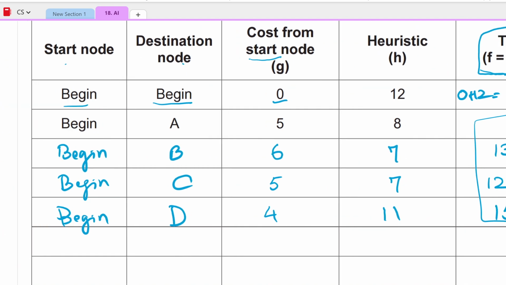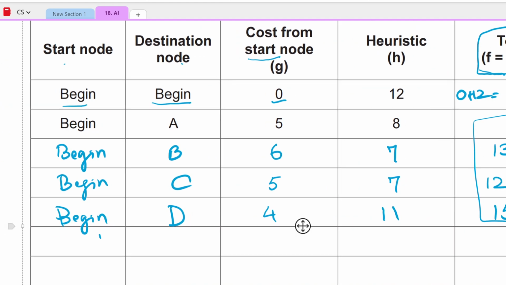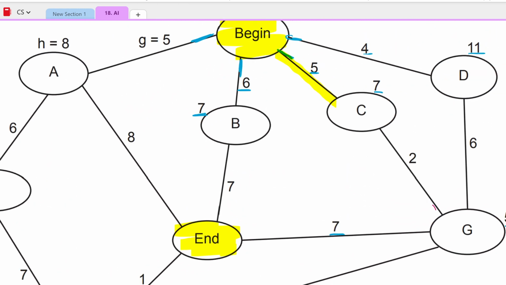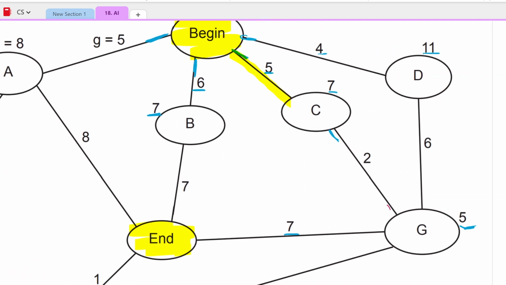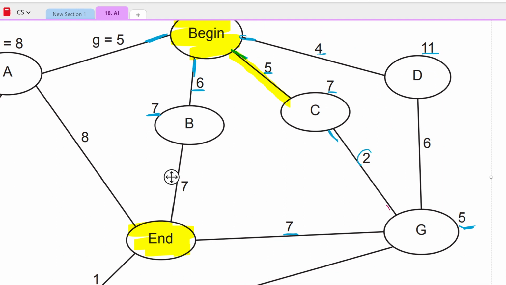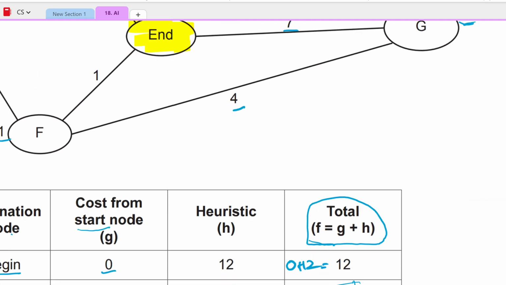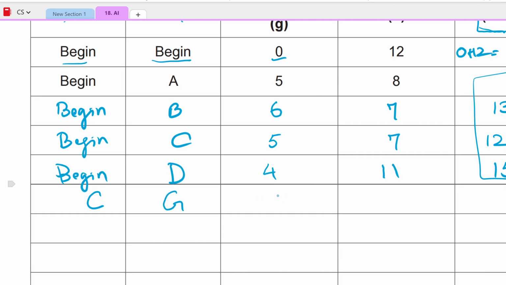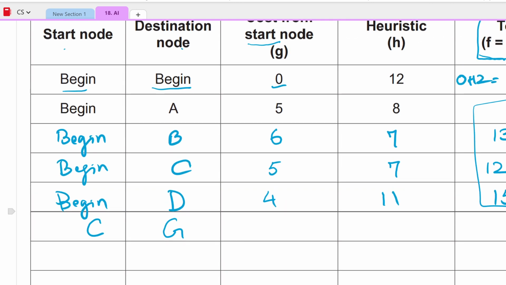Now from C, let's see which nodes are connected to C. To go forward, C to G, we have only one node. Going forward, we look at G, and it has the G value, cost, of 2 and heuristic value is 5. Now in the cost, we add up the cost starting from the beginning.